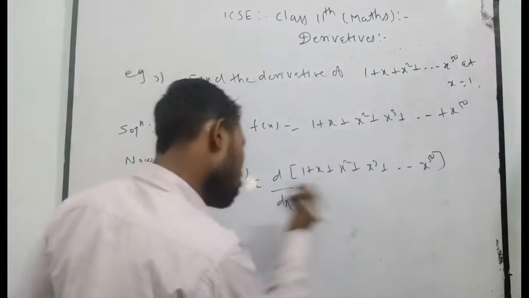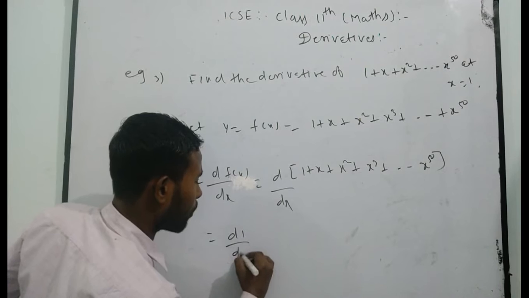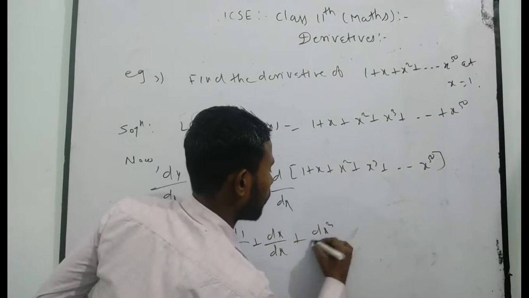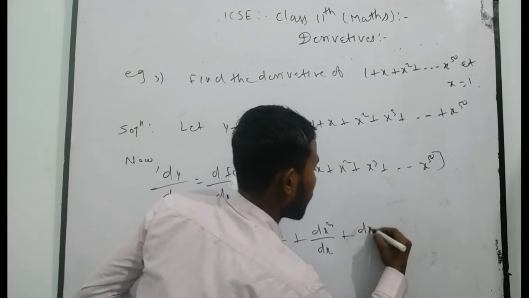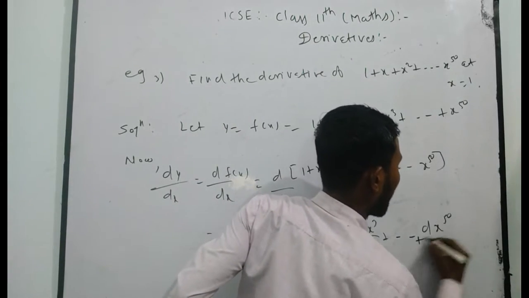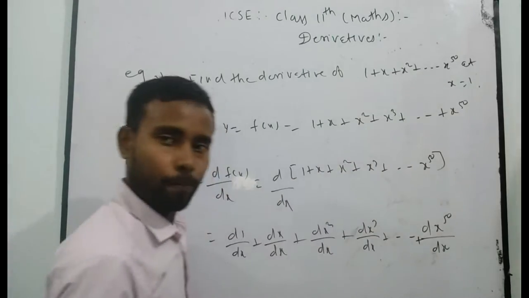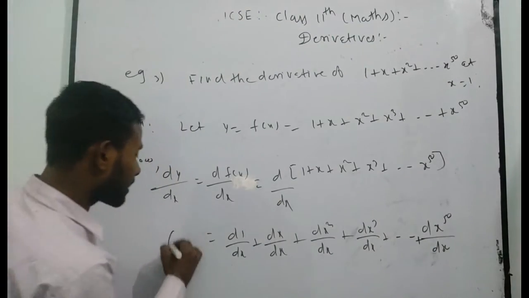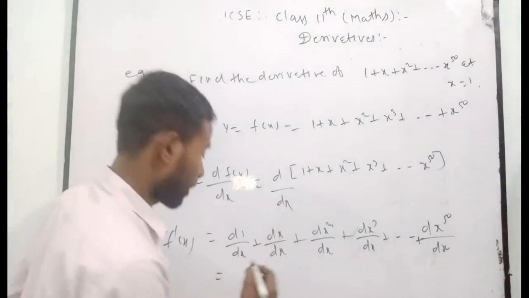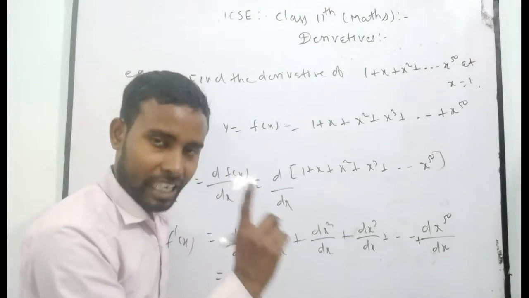If you wish, you can write it step by step: derivative of 1 with respect to x, derivative of x with respect to x, derivative of x square with respect to x plus derivative of x cube plus dot, derivative of x to the power 50 with respect to x. Now, this is what? This is f dash x. The derivative of 1 with respect to x will be 0 because 1 is a constant function.